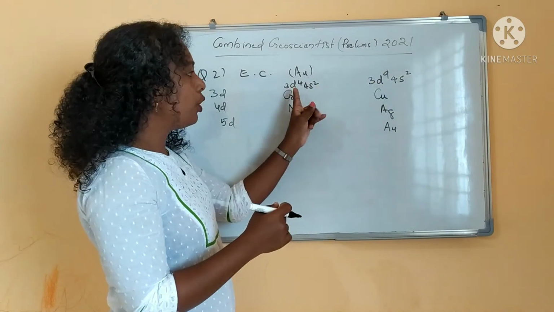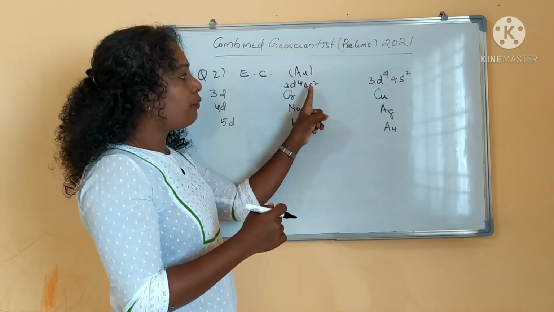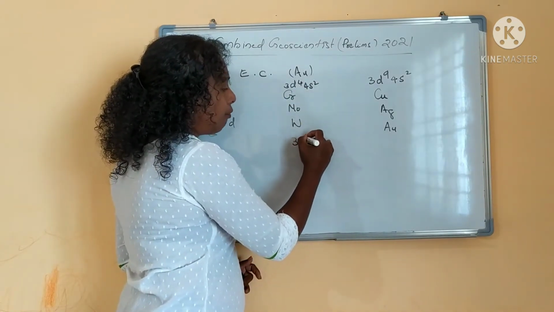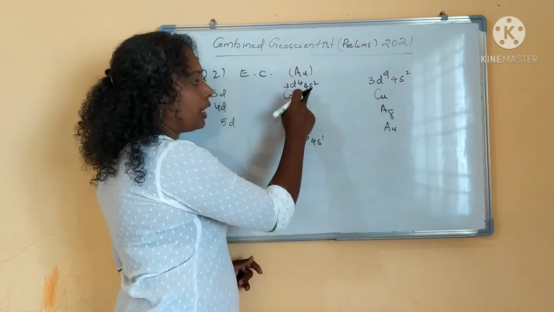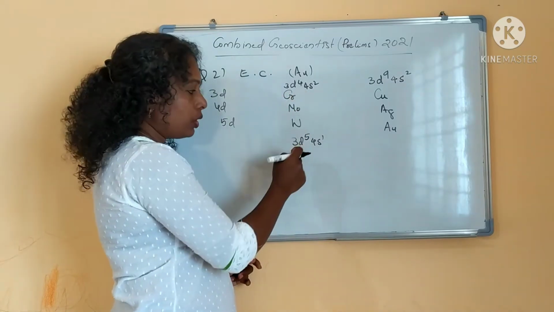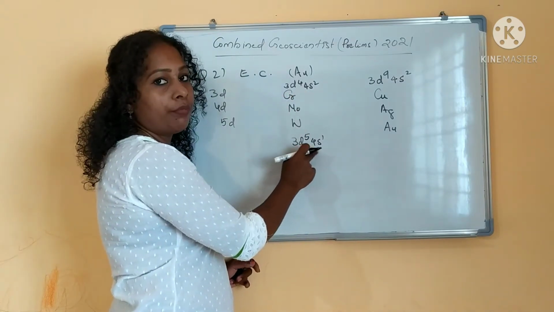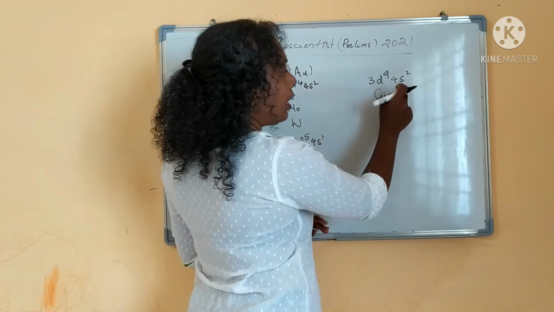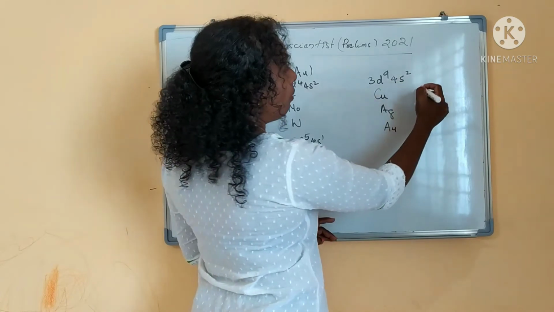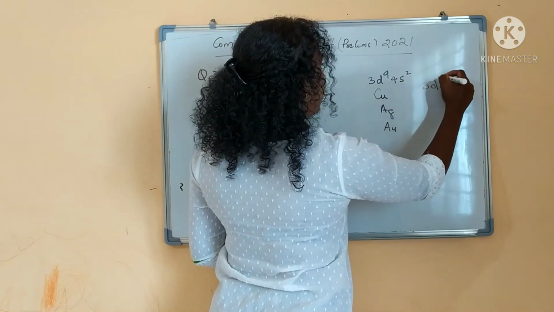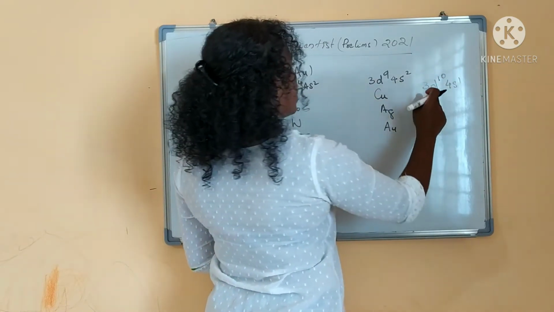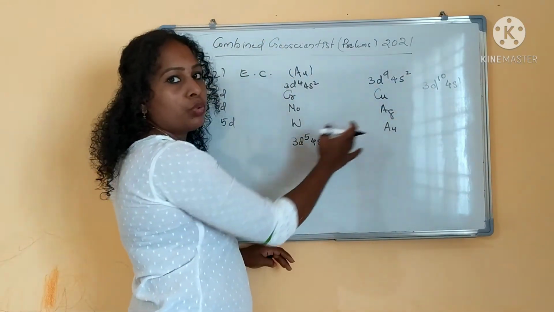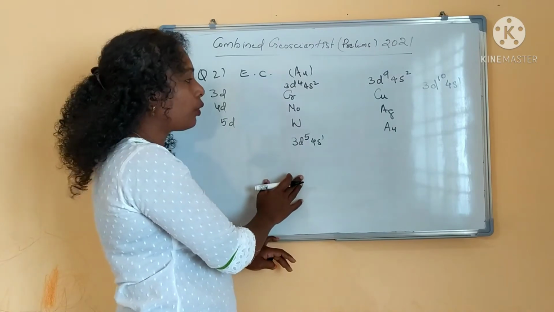If you see here, the 3d4 4s2 configuration will convert to 3d5 4s1 for chromium. Why? Because it is a half-filled orbital. Half-filled orbitals give extra stability, so the configuration will be like this. And for the copper group, it will rearrange to 3d10 4s1 configuration. This is a completely filled orbital. So half-filled and completely filled orbitals, these two groups will show deviation from the expected electronic configuration.